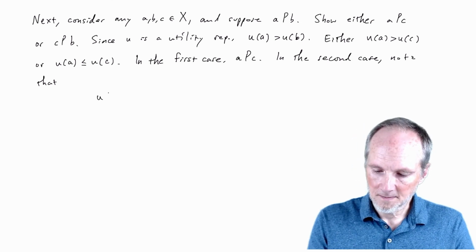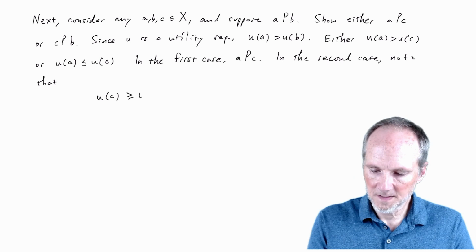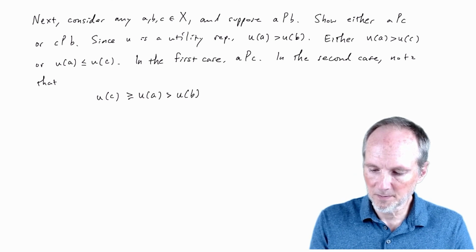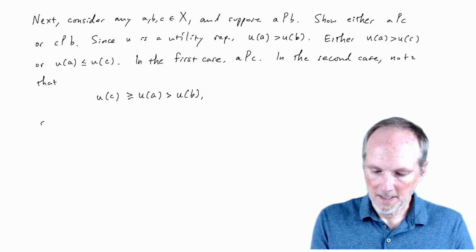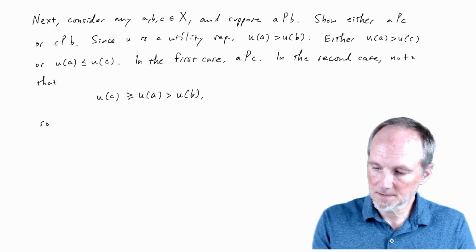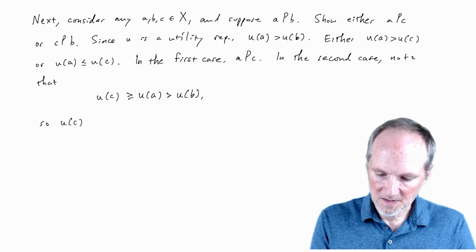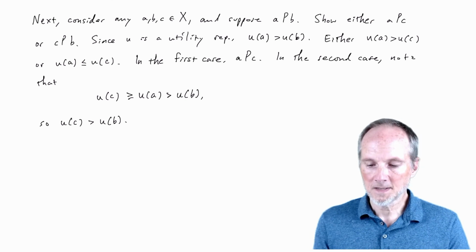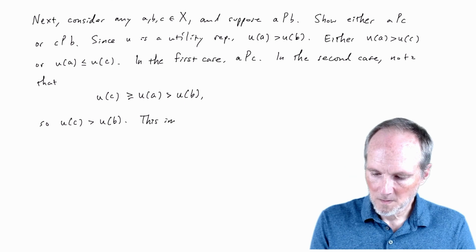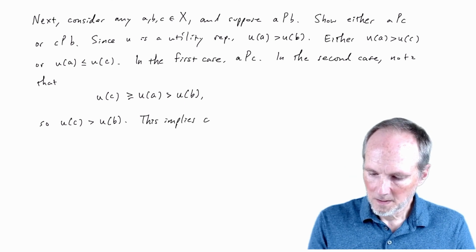The utility from C is at least as big as the utility from A, and we just noted that the utility from A is strictly bigger than the utility from B. If we connect those inequalities, that tells us the utility from C is strictly bigger than the utility from B. Again, since U is a utility representation, this implies that C is strictly preferred to B.